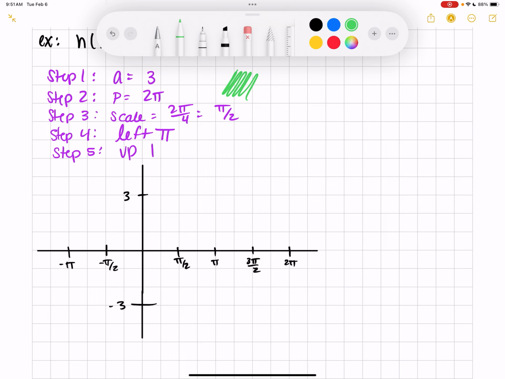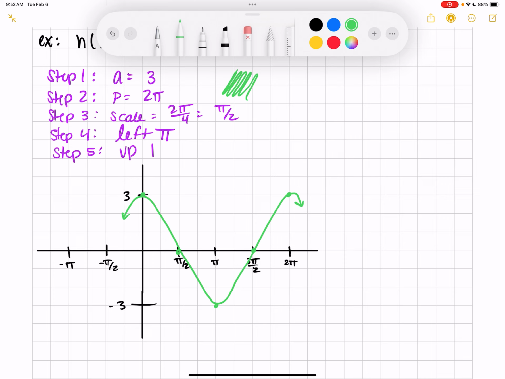So we start up here at 3, come down to 0, down to negative 3, back to 0, up to 3. So like that.